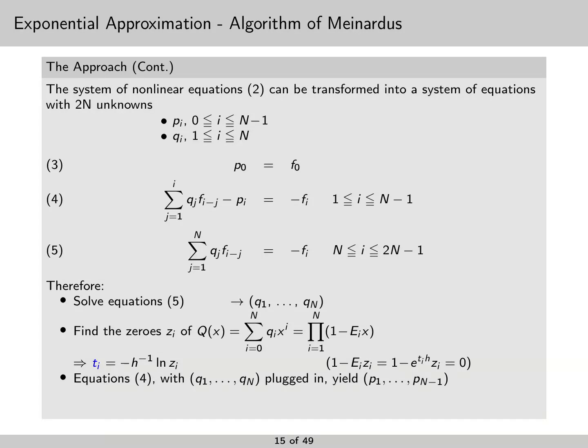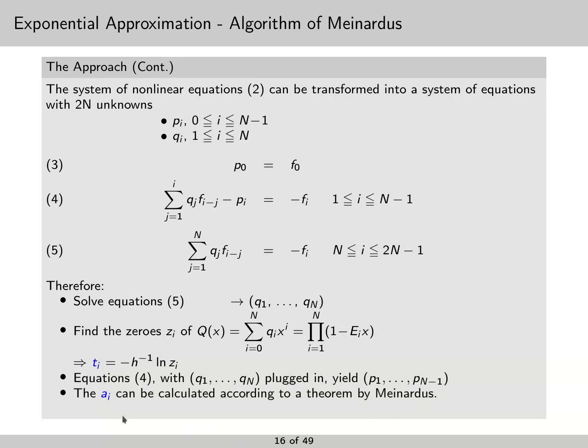Equations 4 with the q_i plugged in form a system of linear equations, the solution of which are the coefficients p_i. Finally, with these coefficients p_i, the coefficients a_i can be calculated according to a theorem by Meinardus, or alternatively, with the values of the coefficients t_i given, the original interpolation problem 1 forms a system of linear equations, the solution of which are the coefficients a_i.